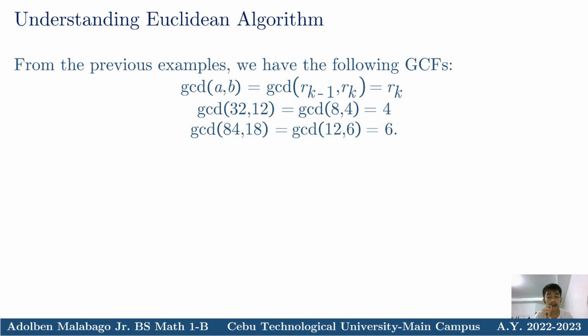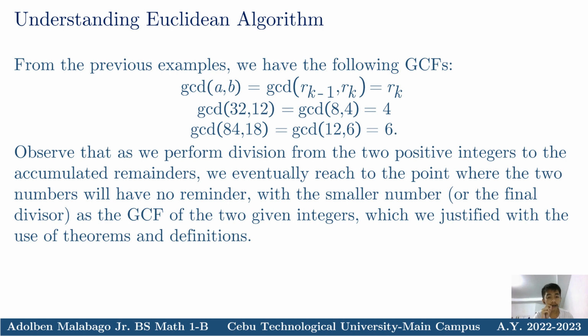So we compare the results of the first two examples earlier and the example we had with positive integers a and b. Observe that as we perform division from the two positive integers to the accumulated remainders, we eventually reach the point where the two numbers will have no remainder, with the smallest number or the final divisor as the GCF of the two given integers, which we justified with the use of theorems and definitions.